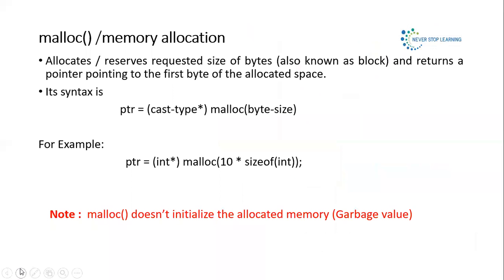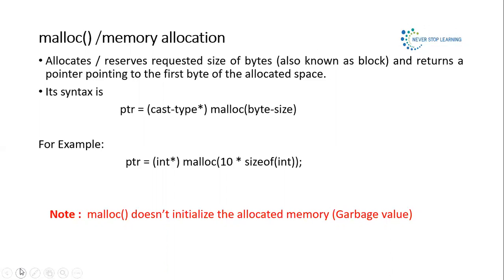So we already discussed in the previous lecture what exactly is dynamic memory allocation and why exactly we need it. In the programming world, every space counts, and it is always better to use only as much space as we require. And once you are done with the execution, it's always better to free up the space.